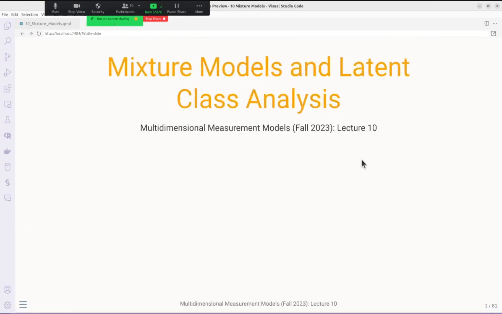So if you have an assessment, you may want to understand which students tend to perform similarly. You may have heard of classification of mixture models prior to this, but this mixture model framework is a nice model-based, likelihood-based method to estimate different classes of people.